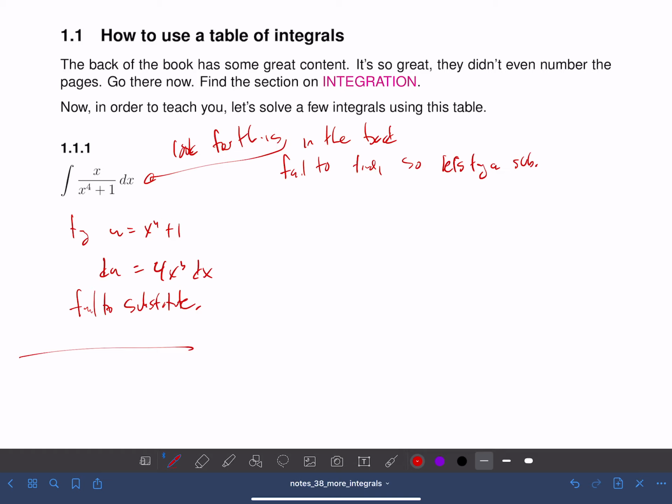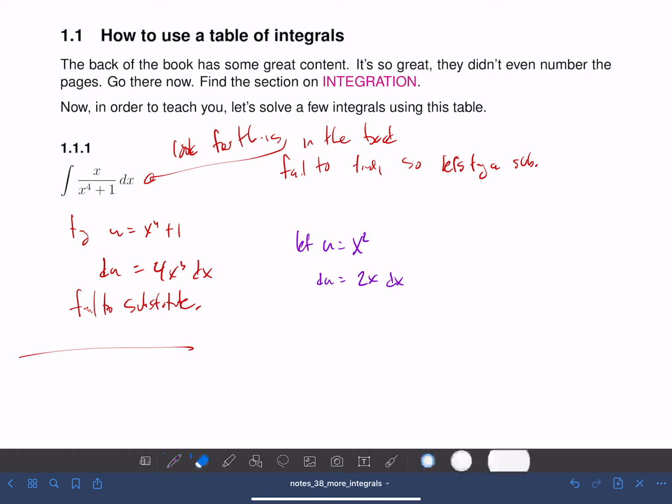I think we should try something else. I see that there's a 1 right here. And if I try letting x squared be u, then I'll pick up an x to the 1 when I take the derivative. So let's let u equals x squared. So then du is equal to 2x dx. All right?